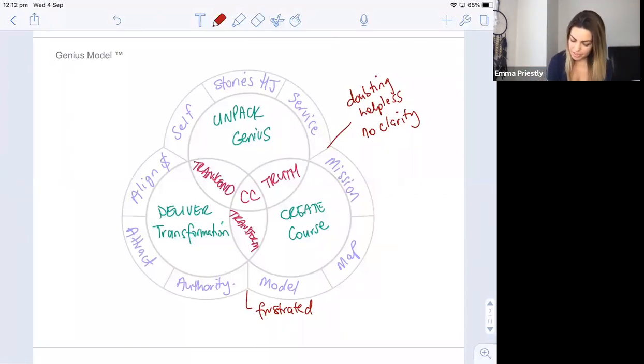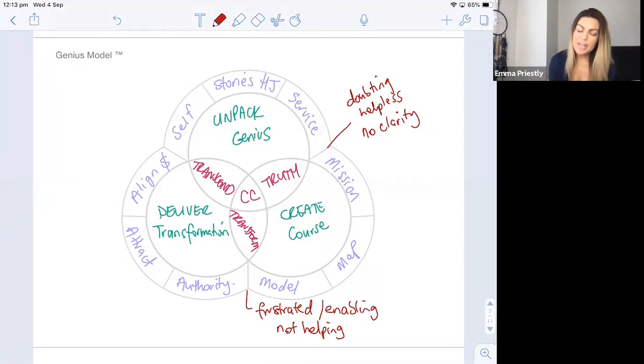So you're frustrated and you're also enabling the problem. You're watching people suffer and you're not doing anything about it. And so you're not helping. Playing small and staying stuck and staying frustrated isn't helping.